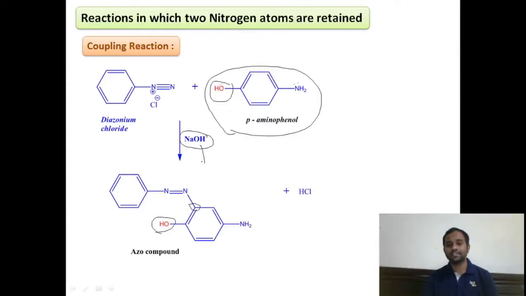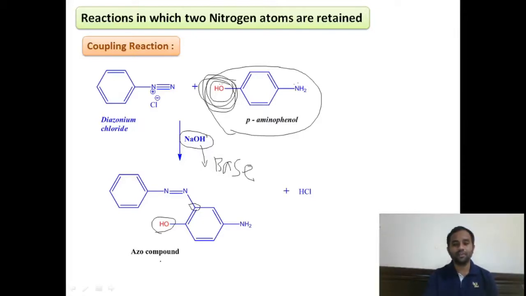Here the coupling position depends on the reaction condition. Since here it is the base, so here the coupling position is decided by the hydroxy group. Therefore, here this is the azo compound we will get in this reaction.